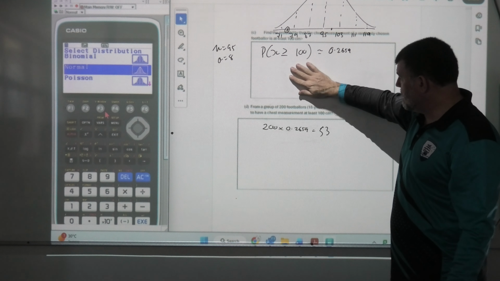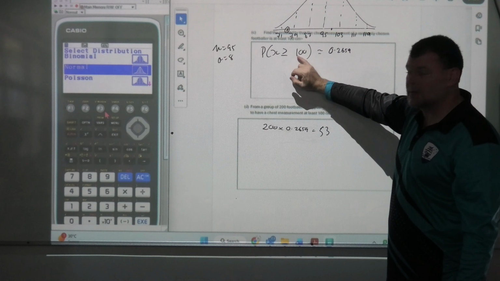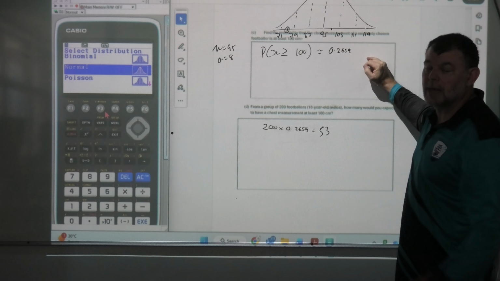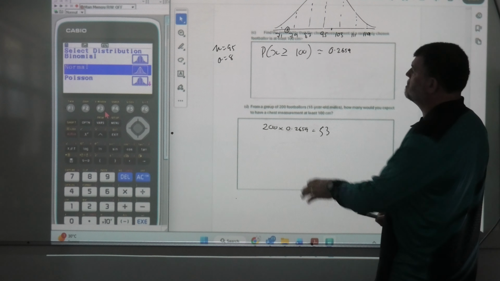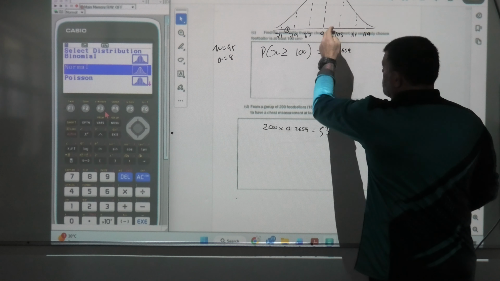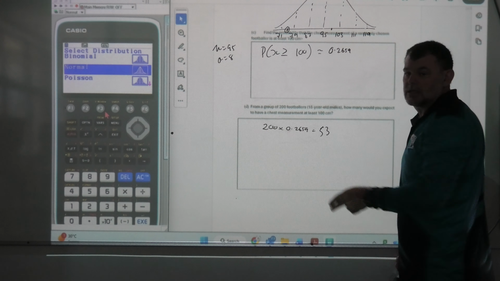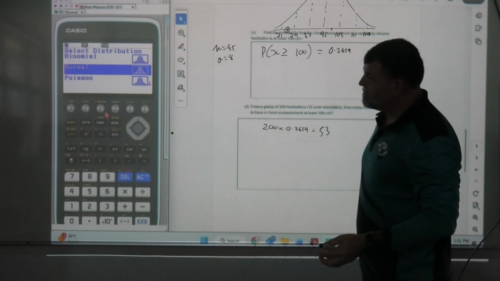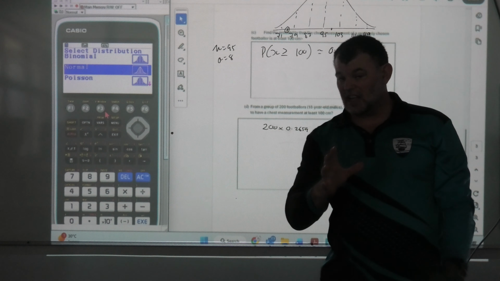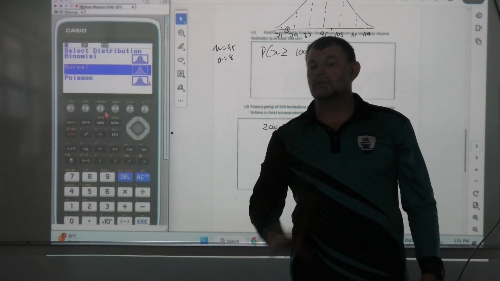In this example here, we put 75 in there and we got 99%. However, we know from our understanding of normal distribution that can't be correct because 100's here and that's got to be less than 50%. When it comes to normal distributions, using your calculator is going to give you an answer to what you put into it.